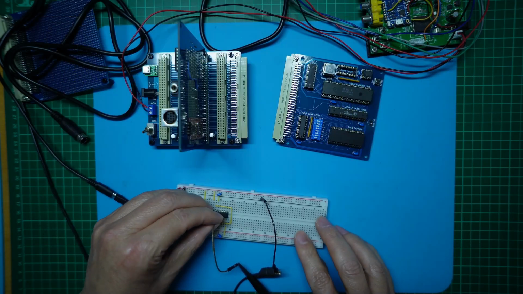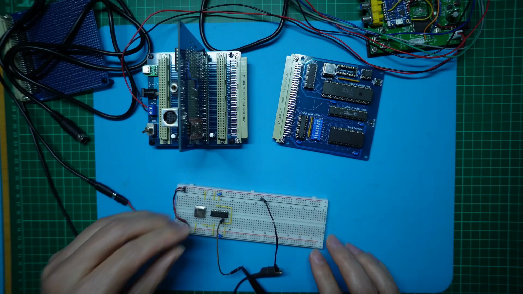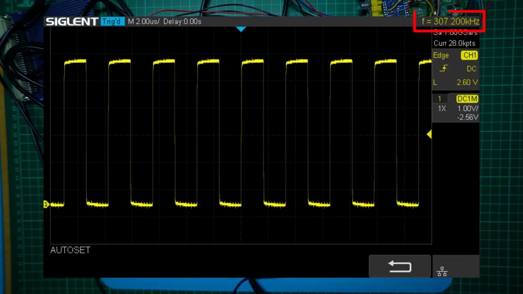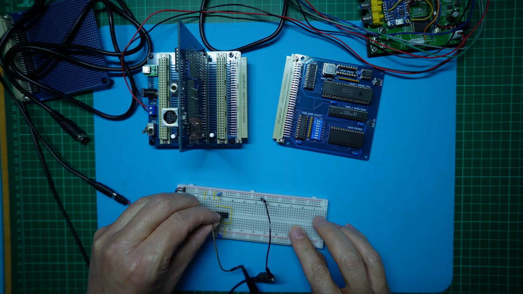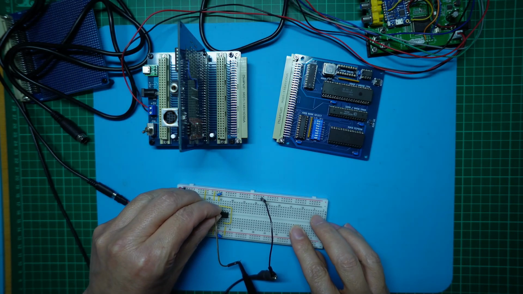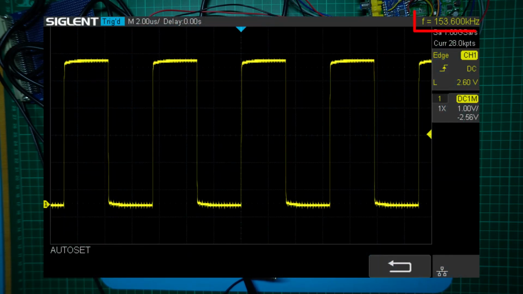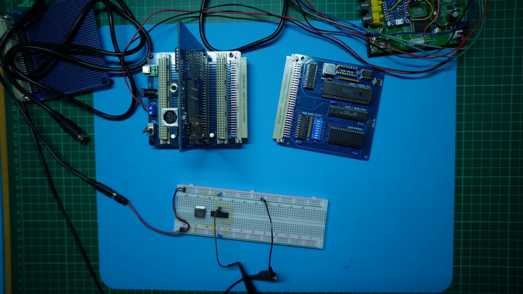Then pin 6, we are again getting the expected divide by 16, which is 307.2 kHz for 19200 baud. Finally, on pin 11, we are getting the expected divide by 32, which is 153.6 kHz for 9600 baud. So all is looking good.